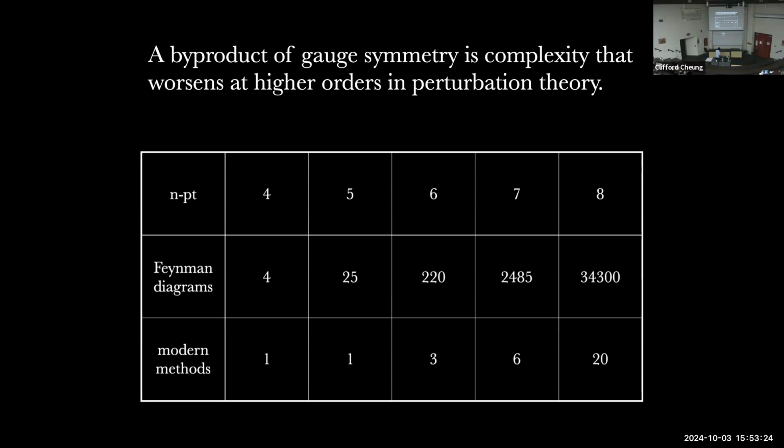There's 34,000 different diagrams, each of which has many terms in it. While with modern methods, which I'll talk about in the remainder of this colloquium, it's much simpler. Okay, these 1, 1, 3, 6, and 20 are kind of cousins to that very simple monomial expression I wrote before. Okay, there's way more direct methods to get at these amplitudes.